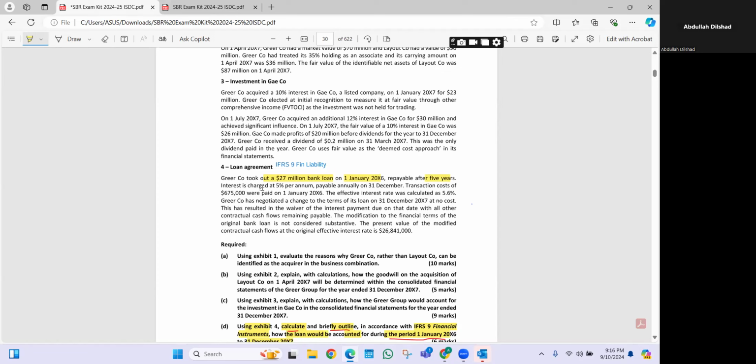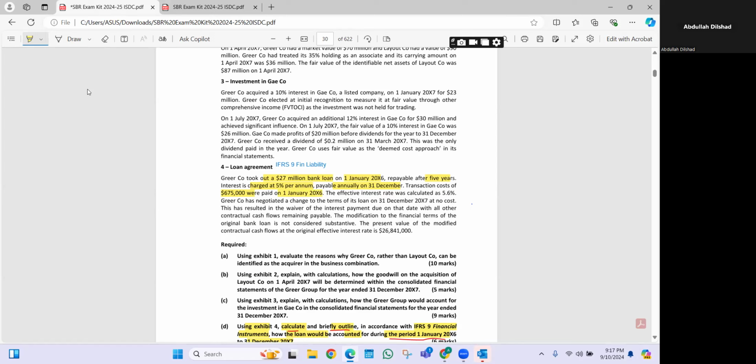On 1st January 2006. Interest charged at 5% per annum, fine, no problem. And they are paid annually, right? They are paid in arrears. That means after the year end finishes on 31st December, we will hand over the interest payment. Okay. Transaction cost is $675,000, which were paid on 1st January 2006, right?